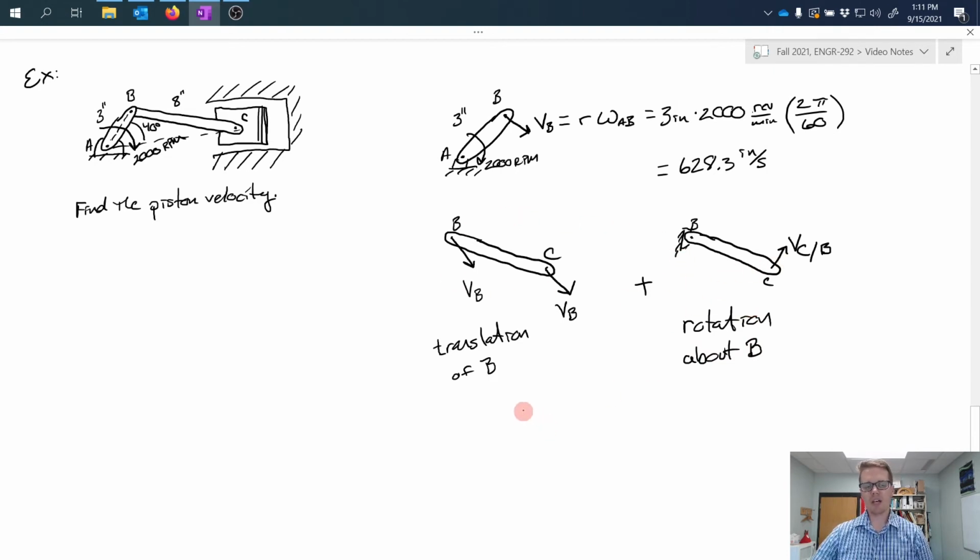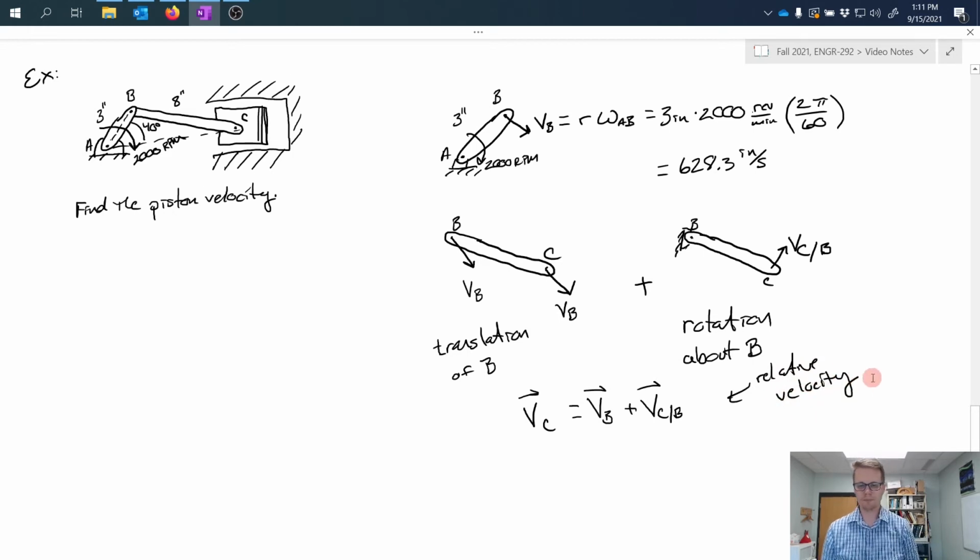The key equation that we're going to pull to analyze this is the relative velocity equation, which says that we can calculate the absolute velocity of point C as the velocity of point B plus the velocity of C with respect to B. This is from relative velocity that we've discussed before.